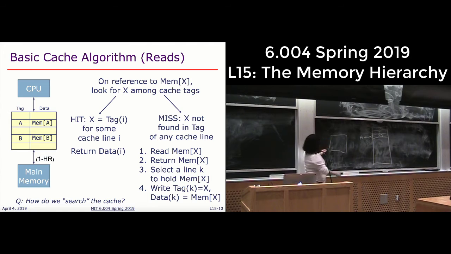And so I have to have information about, well, which location is it that I actually brought into my cache? And so I will say, you know, oh, I brought address A, and here's its value, and I brought address B, and here's its value. Okay? Make sense?